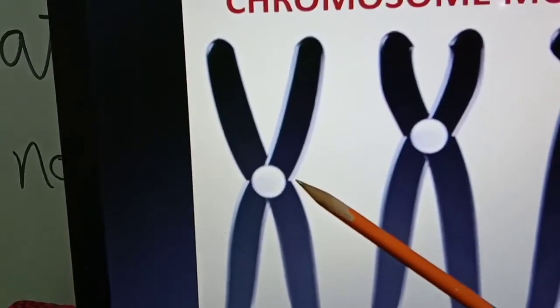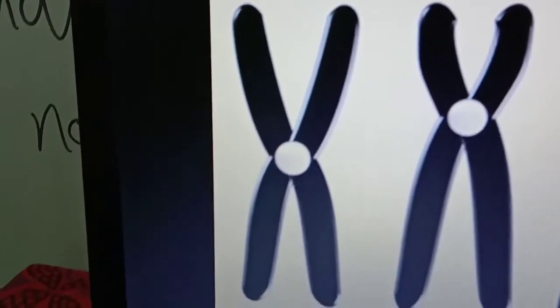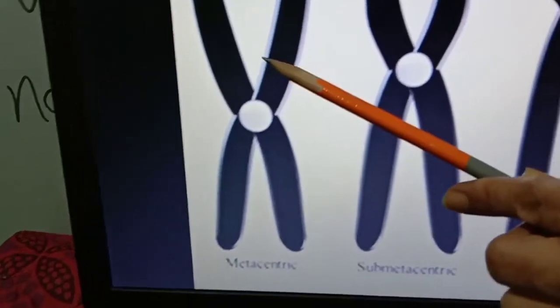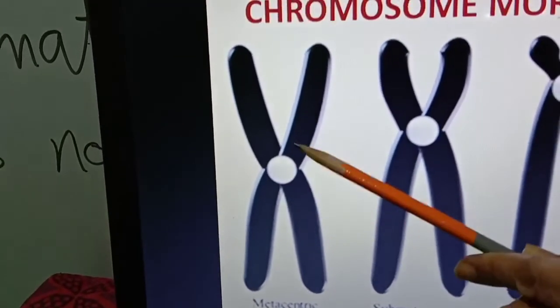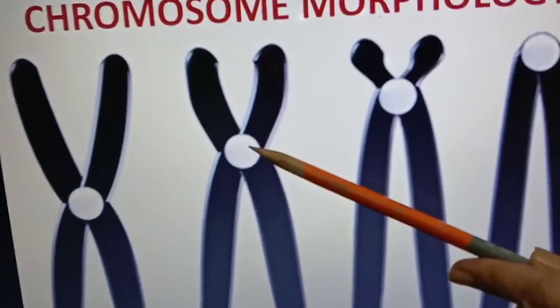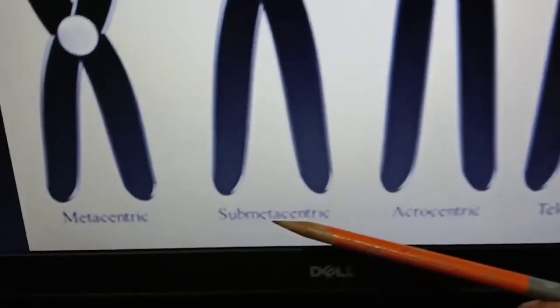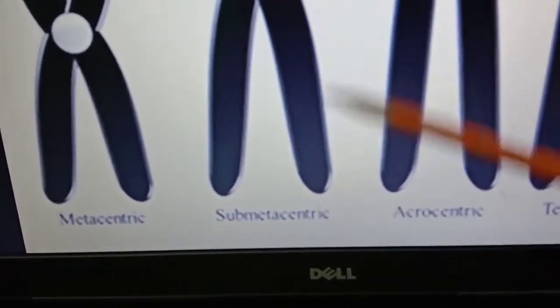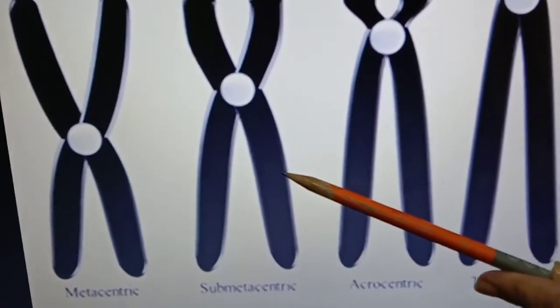So when it is exactly at the center, you call it metacentric. Both the P and the Q arm are equal in size. When the centromere is a little away from the center, it is said to be submetacentric. The P arm is smaller than the Q arm.